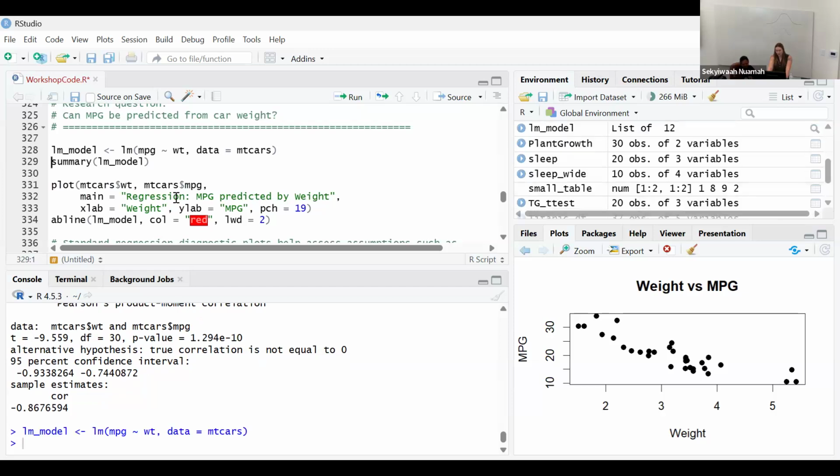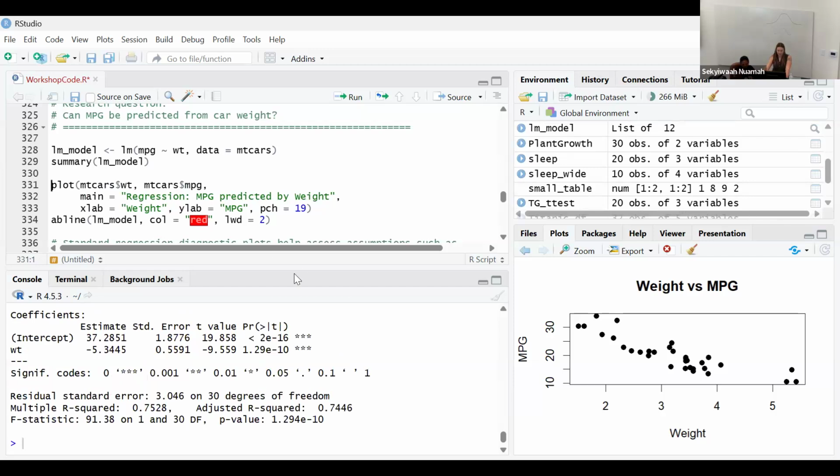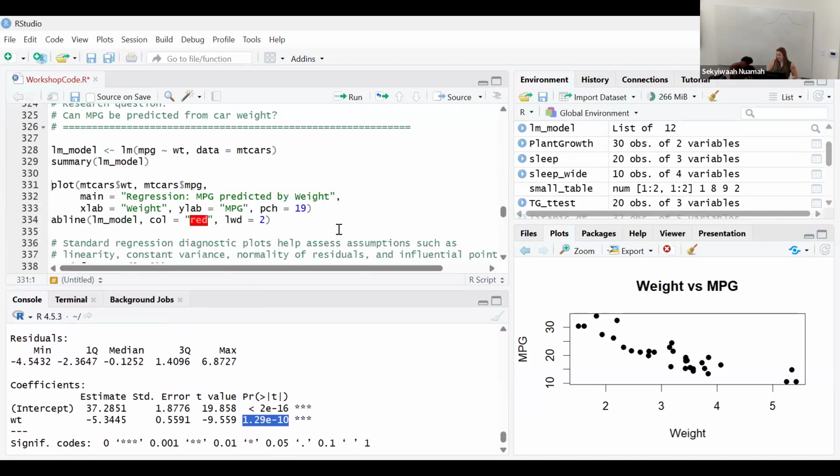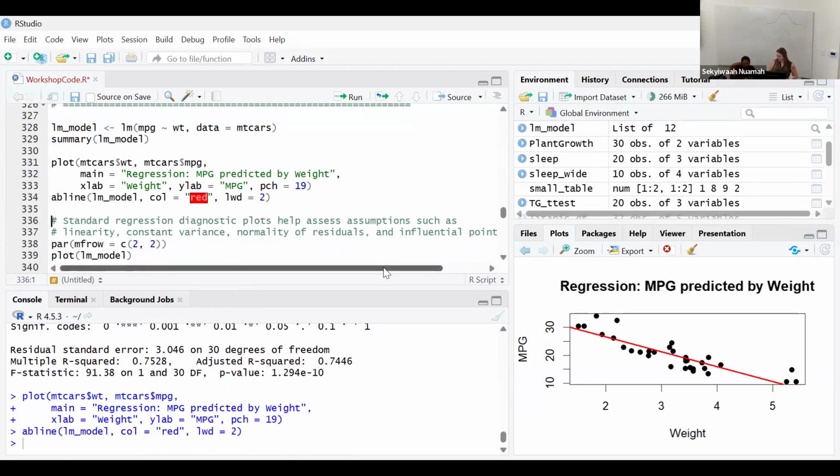So I will run the model. And we get our output, and our p-value is very low for the weight. So that at least means that there is a statistically significant relationship between miles per gallon and weight, which we knew from the correlation.